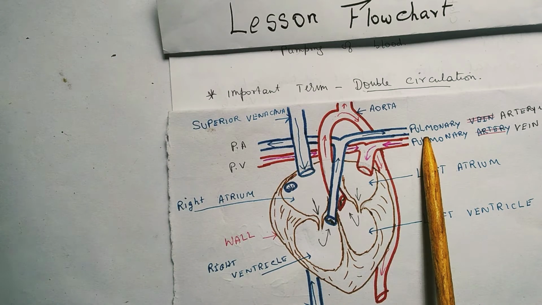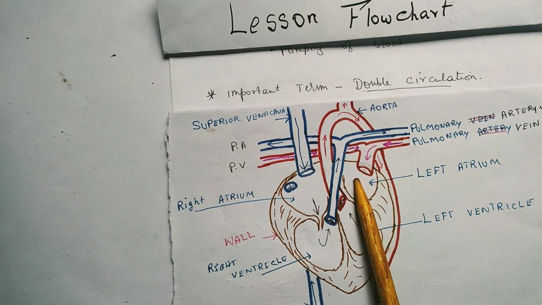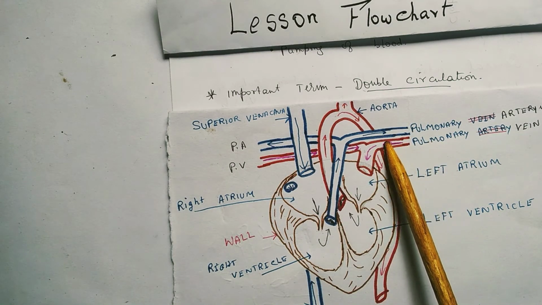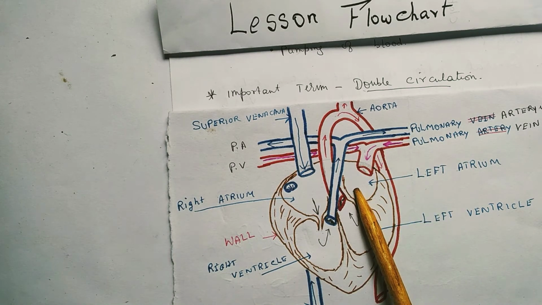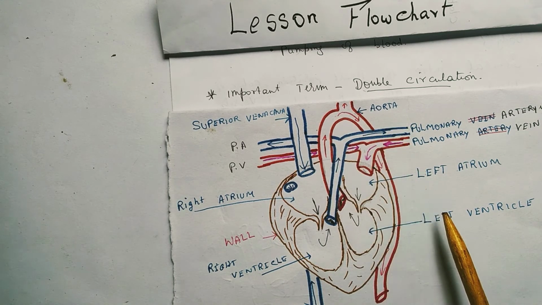That A which carries carbon dioxide reaches the lungs, and after it receives oxygen in the lungs, it will come back from the lungs into the heart. So in the beginning it flows into the right chamber, and the second time it will flow into the left chamber, and from the left chamber it will be pumped into different parts of the body.